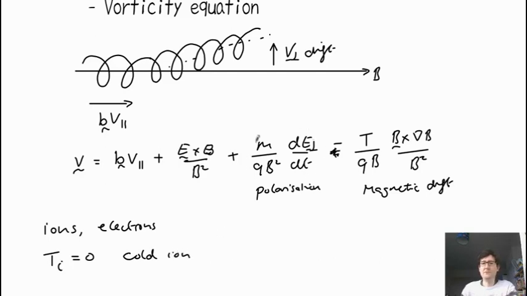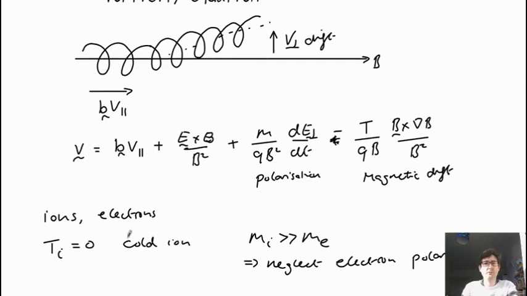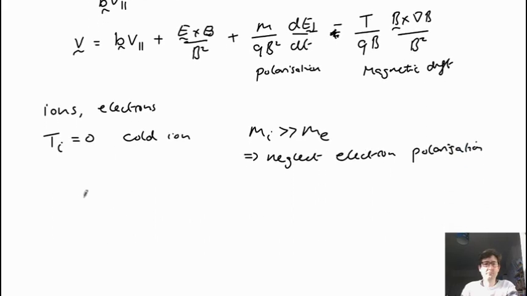And then the polarization drift depends on the mass, and so you assume that the ion mass is much bigger than the electron mass, and so we neglect the electron mass contribution to this. So we neglect the electron polarization term, and so we can work out from this equations for the particle density and the current. And so the starting point for the equations is basically conservation laws.